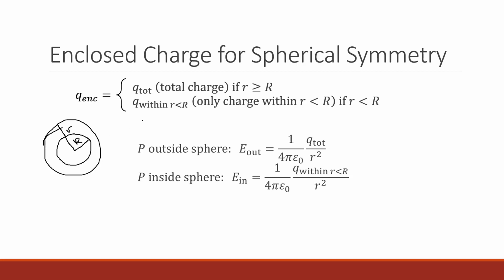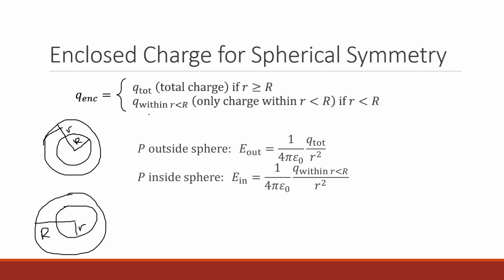But if we have the opposite, let me draw this, sorry. Q within r is less than capital R. So here we'd have a capital R is the larger surface, and the lowercase r is the smaller surface, okay?